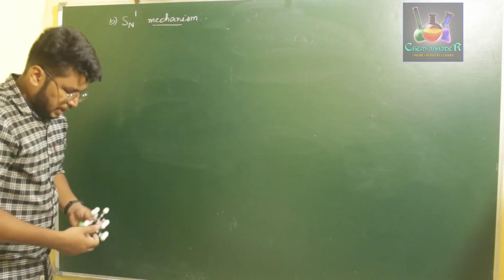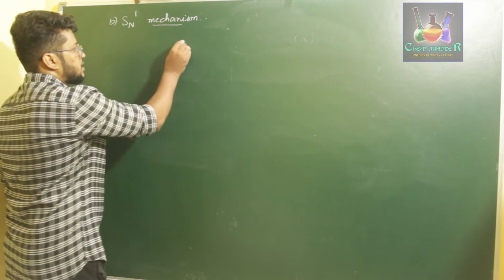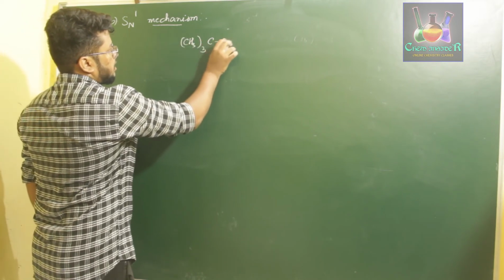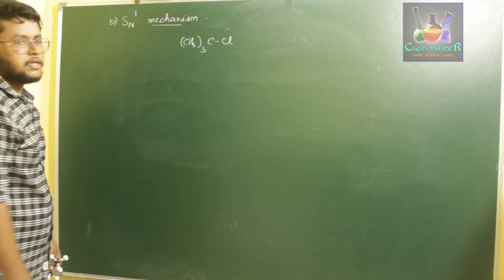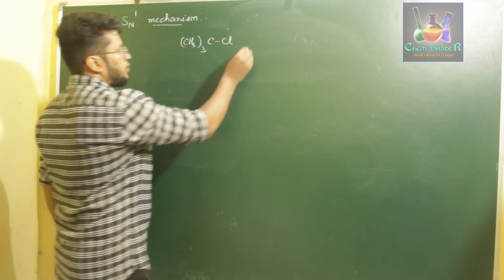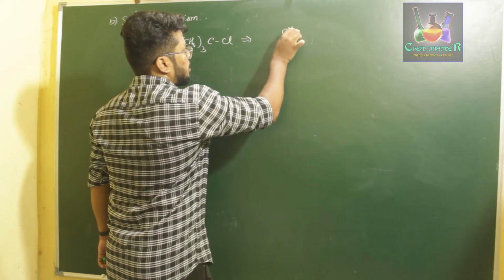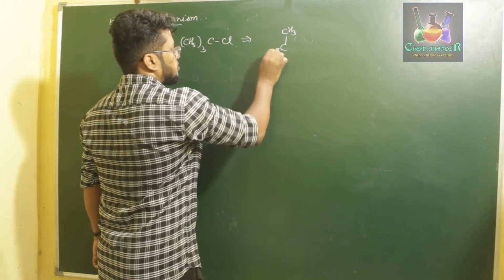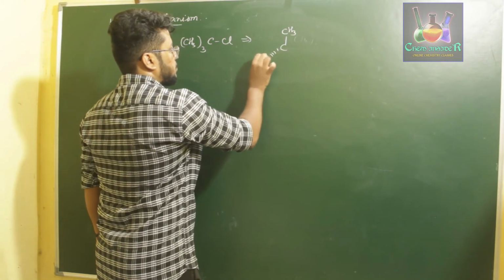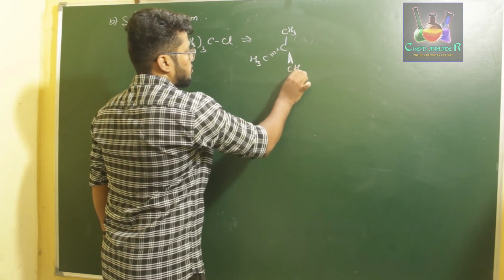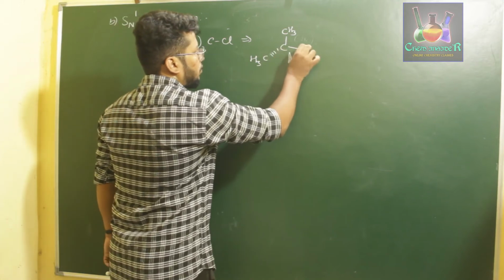For that, let us consider a molecule of (CH3)3CCl. If you write its structure, it looks like a carbon with CH3, a wedge bond CH3, a dash bond CH3, and one Cl.